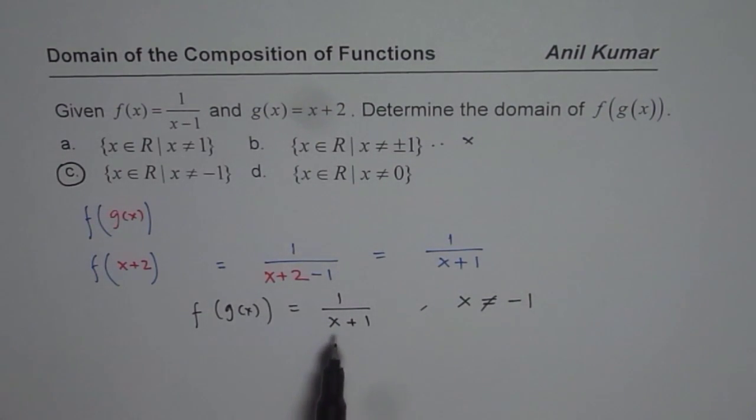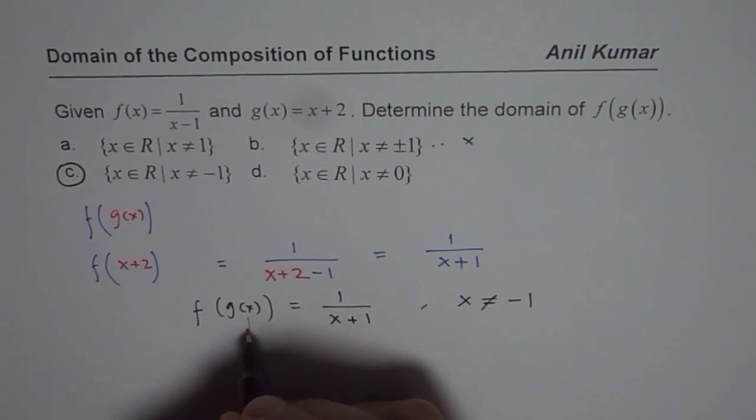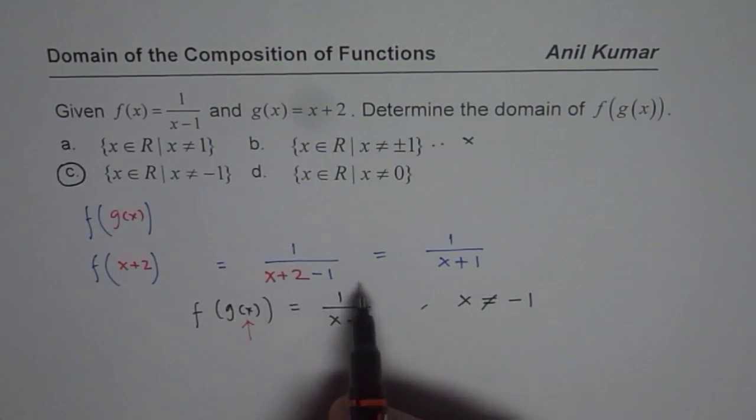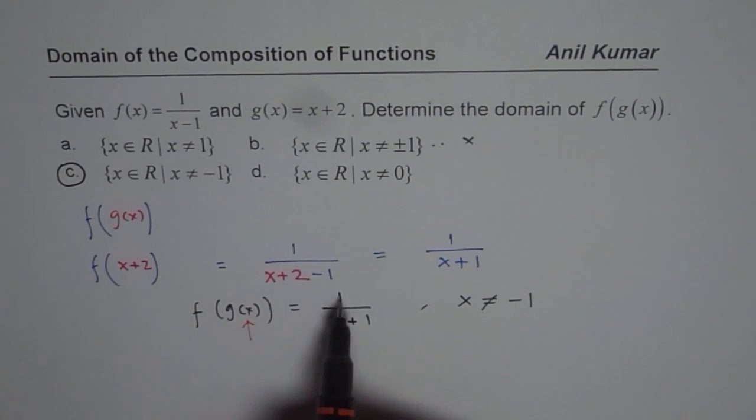You can check for yourself that if I substitute x equals 1 here, I do get a value, which is 1 over 2. So for this combination of functions, the domain really comes from g of x, right? And the range of g of x becomes the domain of f of x.